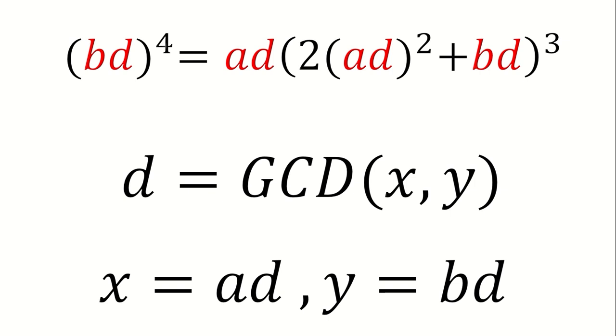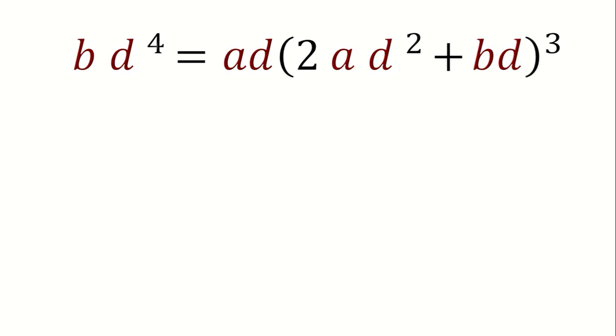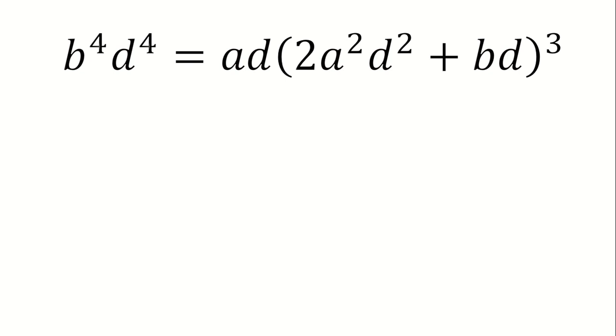We can pull out all of the factors like B, D and A. So (BD) to the power of 4 is equal to B to the power of 4 times D to the power of 4, and (AD) squared is equal to A squared times D squared. So the equation converts into B to the power of 4 times D to the power of 4 is equal to AD times (2A squared D squared plus BD), all of it cubed.